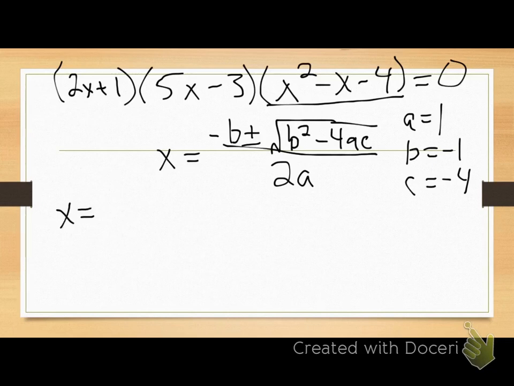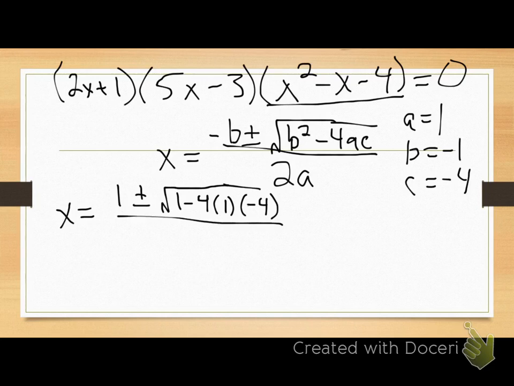The opposite of b, what's the opposite of -1? 1, plus or minus the square root of b squared. What's -1 squared? -1 times -1. 1 minus 4 times my a value, which is 1, times c, which is -4, all over 2 times a. What's 2 times 1? 2. Everyone good with that so far? Plugging into my quadratic formula. We all taking notes and paying attention?